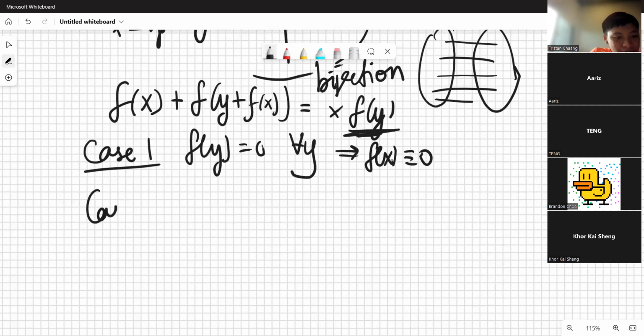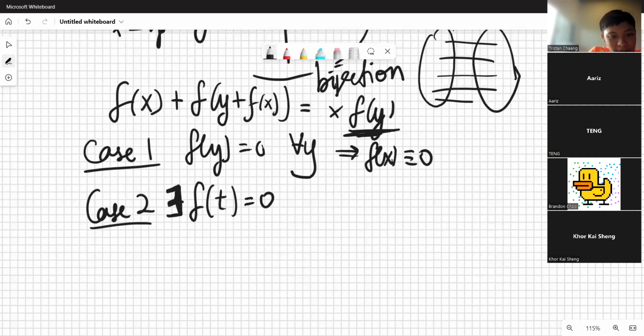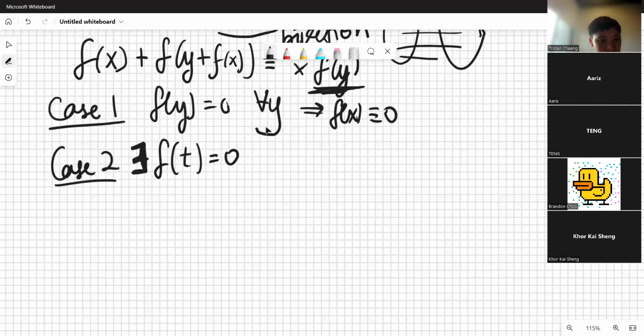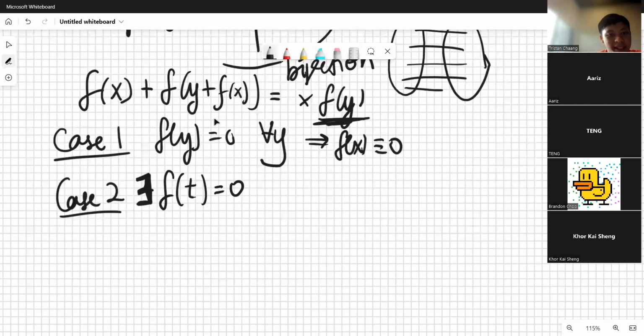Case 2 is where f(t) is not 0, so there exists t such that f(t) is not 0. Oh yeah, the upside down E means exists, by the way. So if that's the case, we can just plug that t into the equation.